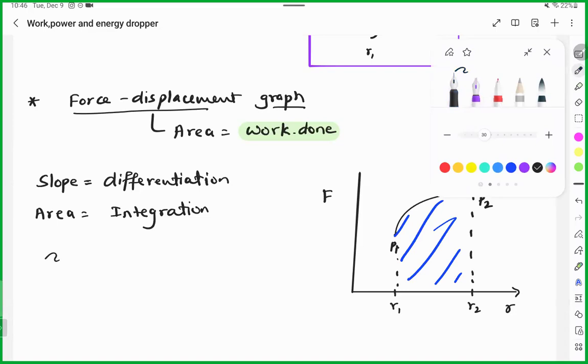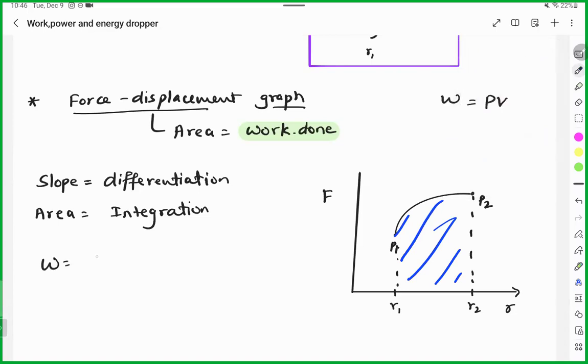Any doubt, guys? If you calculate work done here, so work done of the small from R1 to R2. Correct? Same way, force into displacement from R1 to R2, and it will be equal to the area under P1, P2.